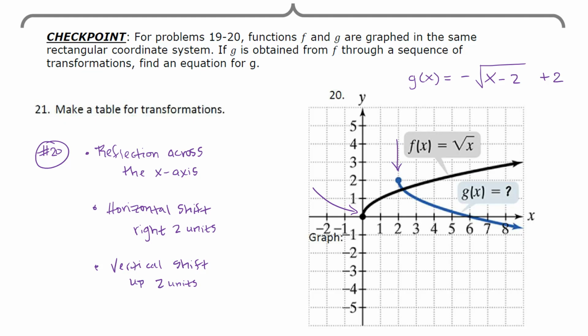So our final equation is going to be g of x equals negative square root of x minus 2, plus 2. Okay, so again, we identified our transformations and then we use that to help us write our equation. All right, and that concludes section 2.5.